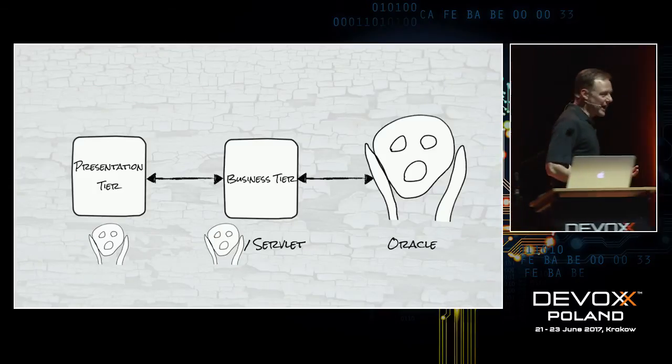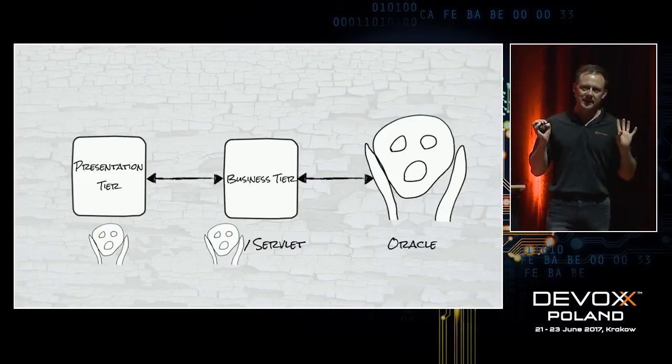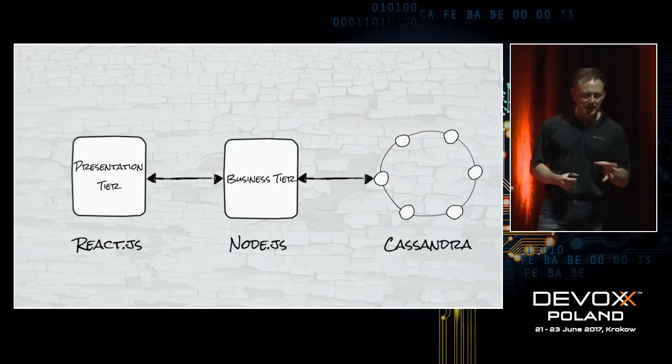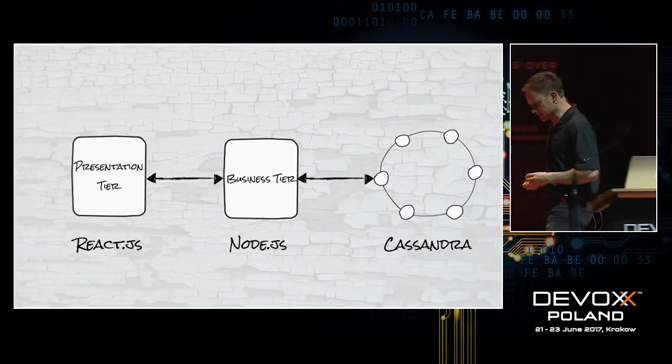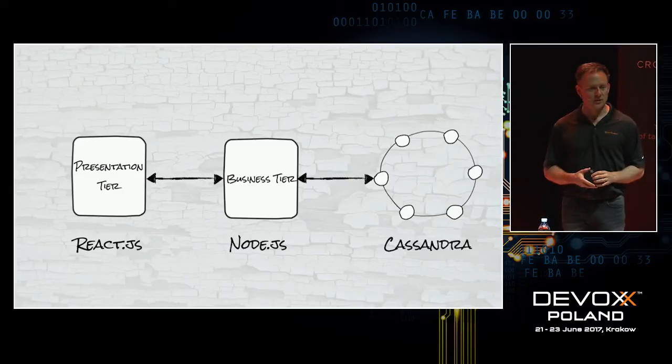If we look now at how you might build a comparable system, I'm going to keep the diagram the same, take away the screaming people, and change the labels. You might have a React front end and a Node.js middle tier, and for purposes of scale, Cassandra on the back end.